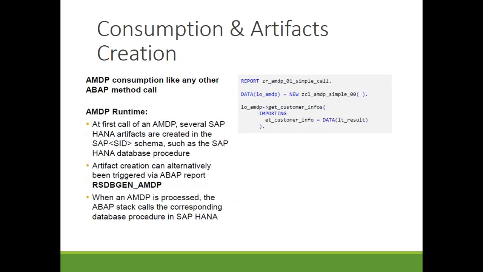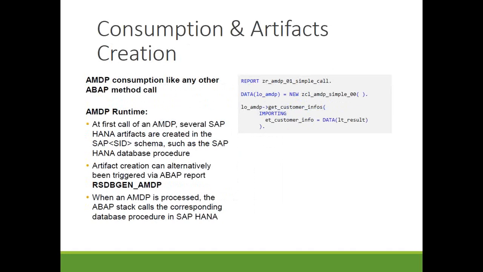Okay, an AMDP class is always public. If you want to make it a static method, we can make it static, and instance method as instance. If you are using an instance method, object creation is compulsory. With the object, we can call that method.